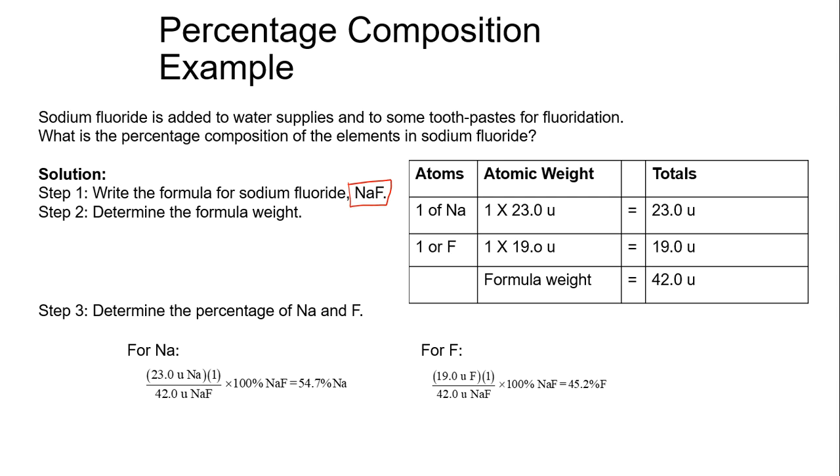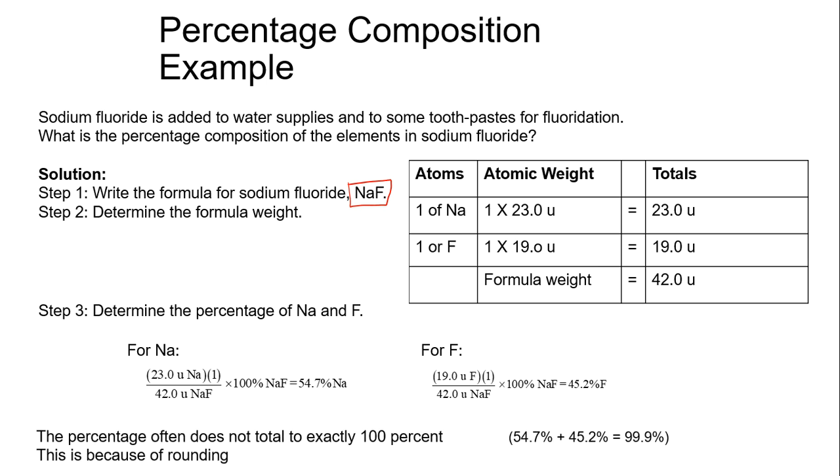What happened to the other 0.1%? Well, often the total doesn't add up exactly to 100%, and this has to do with rounding issues. The atomic mass of sodium isn't exactly 23. It would actually be 22.98976, and so on. And likewise for fluorine, the atomic mass is 18.9984, and so on.